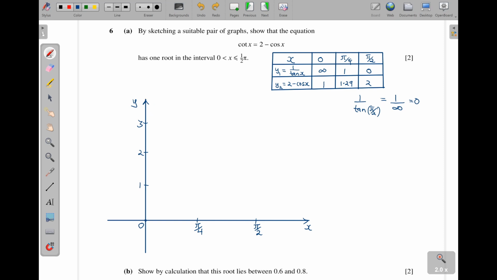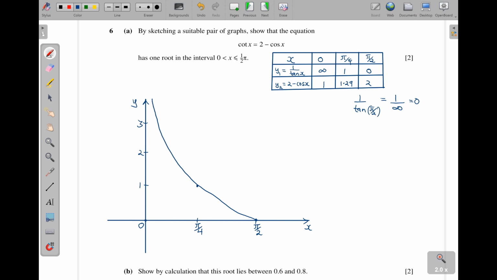Okay, an asymptote is a line that isn't crossed by the curve, and then when it is pi over 4, we are getting 1. So 1 is here, and then pi over 2, that is that. So we are going to connect this one here to this, and then we go like that. It's an asymptote, just following that.